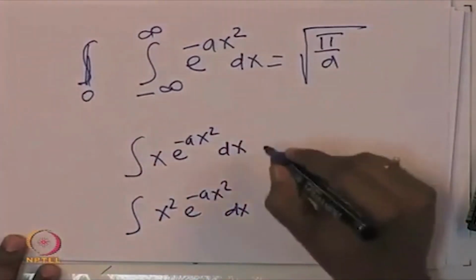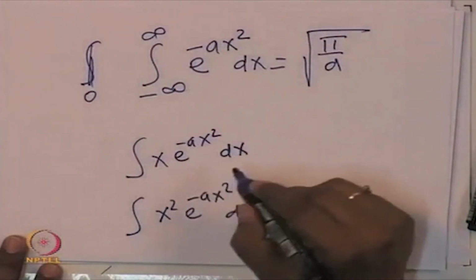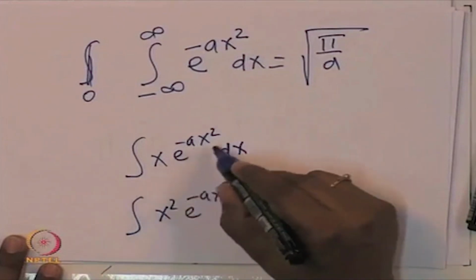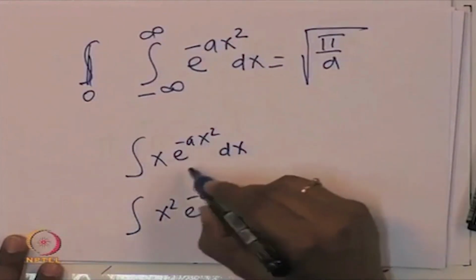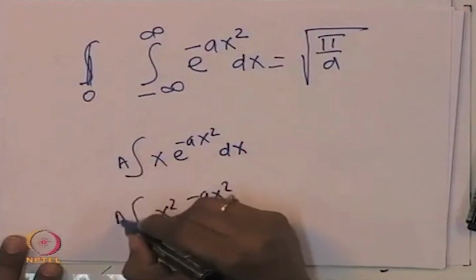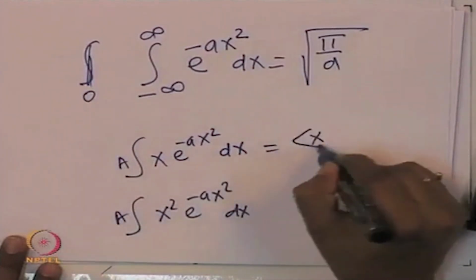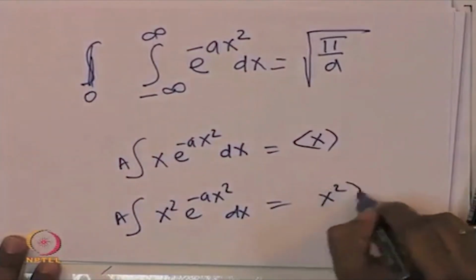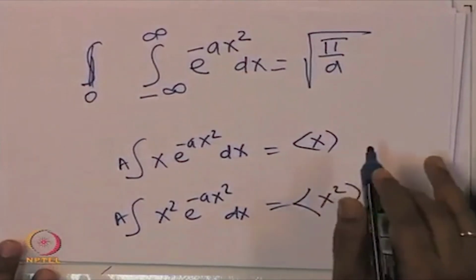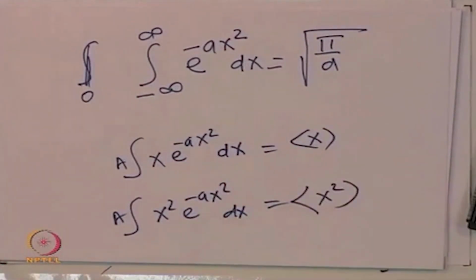If this is taken as a distribution with a constant a, this will become x average and x square average. While we discussed x average and x square average, we discussed some part of it.